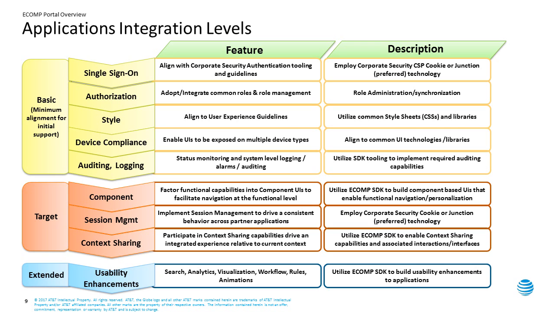So, for example, an application can start with basic integration and can move towards target and then extended integration levels. This allows applications to be integrated quickly and then over time move towards target and extended integration by utilizing the full feature sets of the ECOMP Portal SDK and the framework.